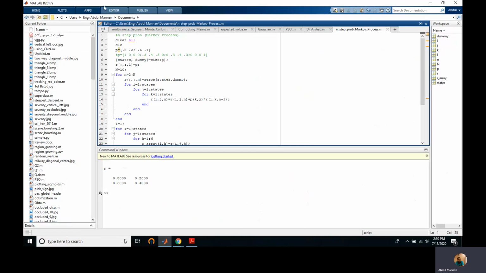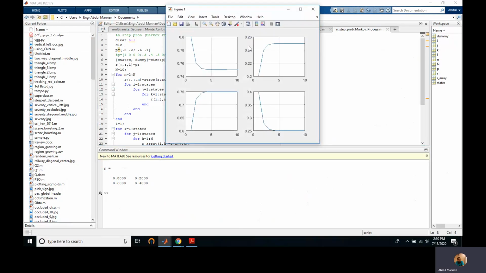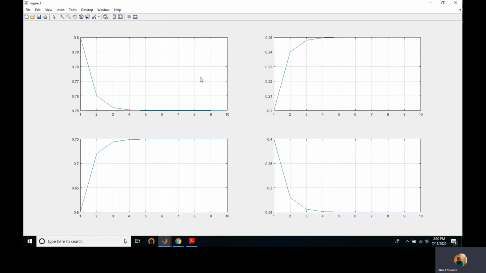So if I run this code, it takes me to a set of graphs. It was computed for this matrix, and these are the graphs. This is R11, R12, R21, R22, and we see that the value of R11 decreases, as we know, and it settles down to 0.75.